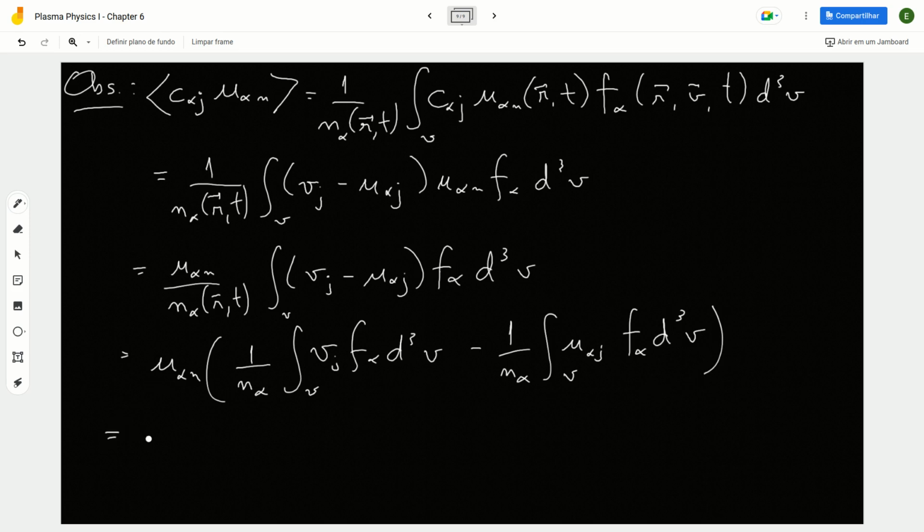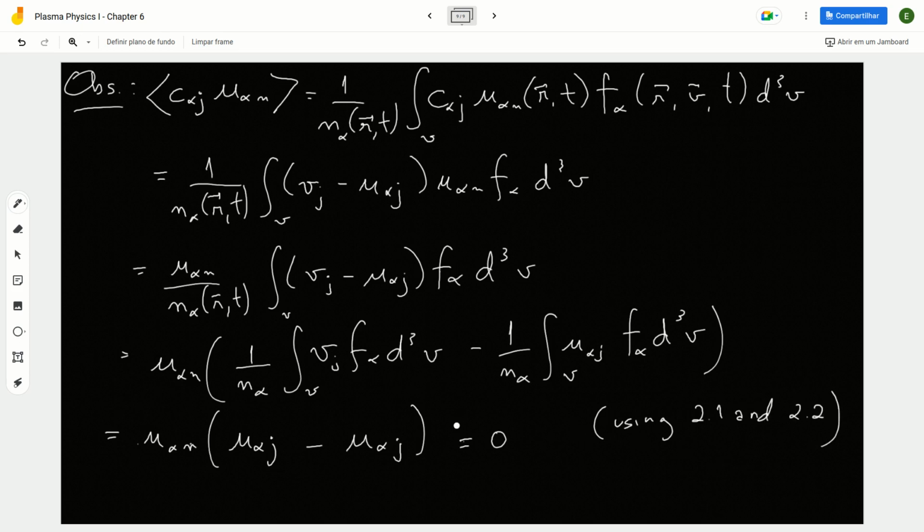Okay, and this is just by 2.1 the definition of U alpha j. And this by 2.2 is just the definition of U alpha j. So this is 0. Using 2.1 and 2.2, you can check it.